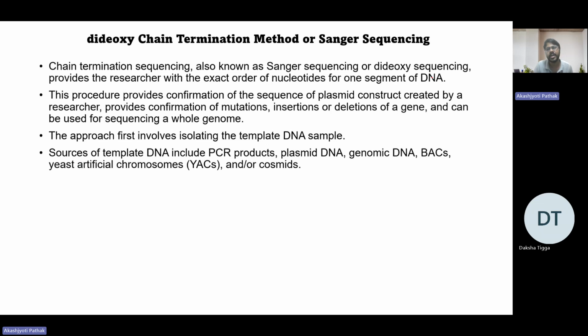Now we will come to the dideoxy or Sanger sequencing method. This is an important method which I will quickly cover. This dideoxy chain termination method is also known as Sanger sequencing because it was developed by the scientist Frederick Sanger.